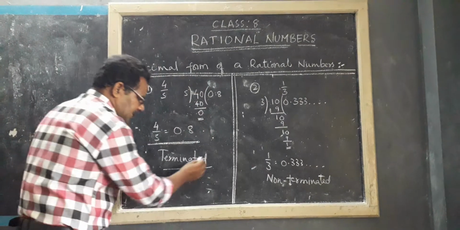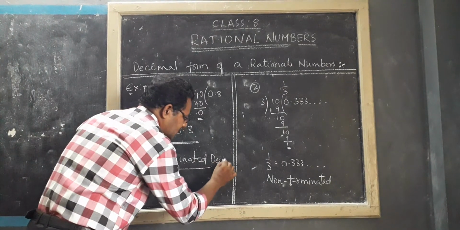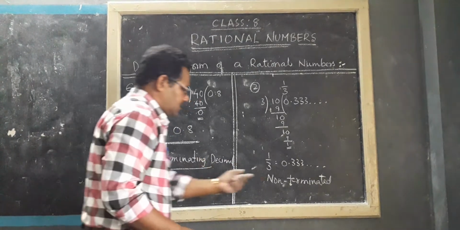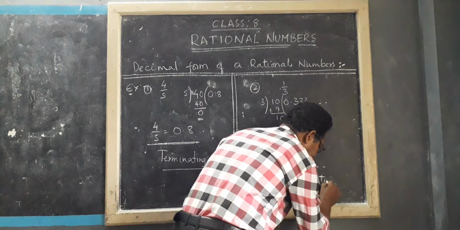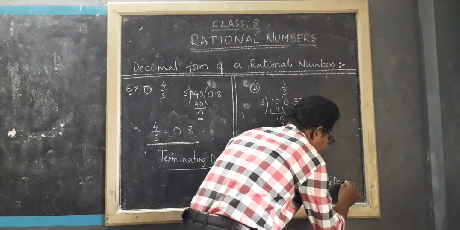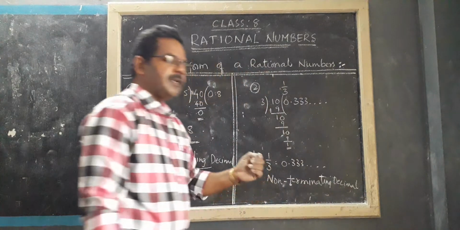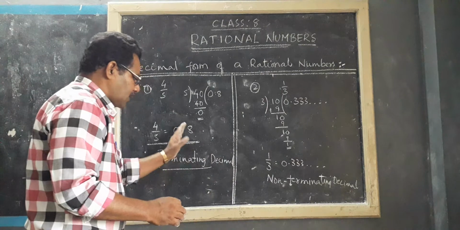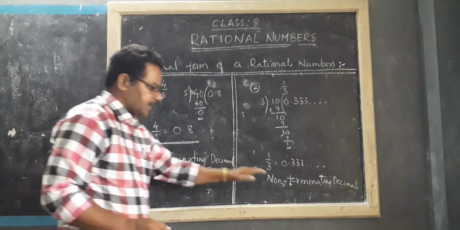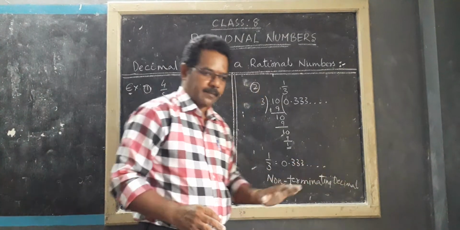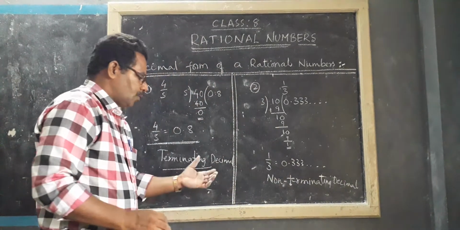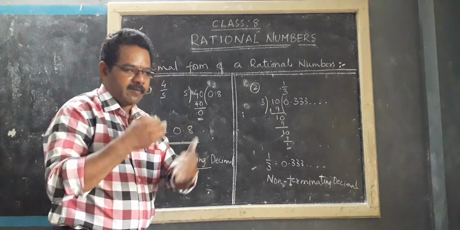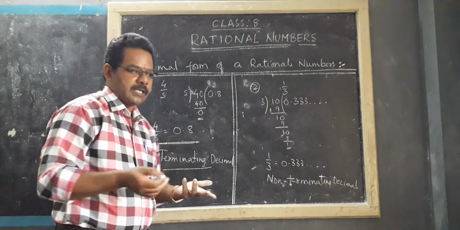So from these two examples we can say that the decimal forms of rational numbers are of two types. The first one is terminated decimal, also called terminating decimal, and this is non-terminating decimal. The p by q form of a rational number can be converted into decimal form. In that decimal form, one is terminating and another is non-terminating decimal. Terminating decimal means it's easy to divide one number by another and find 0 as the remainder.